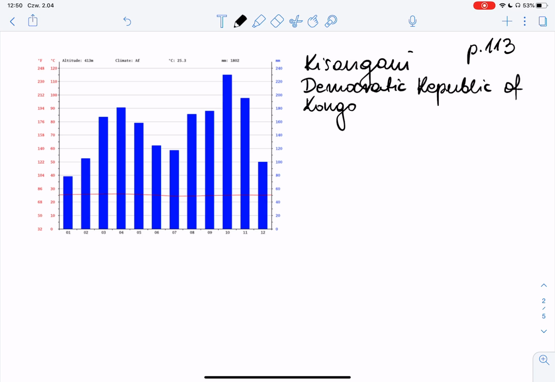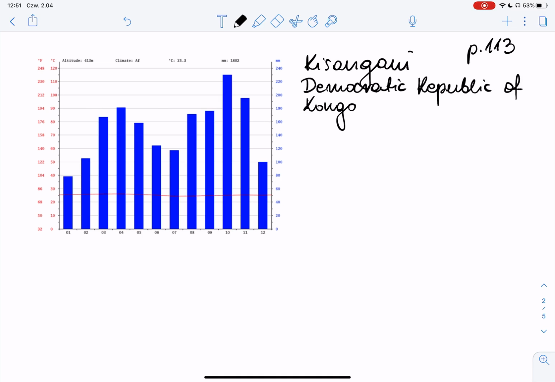And guys, you have that climatogram presented on that page, but what I want you to take a look at is the map that is right next to the climatogram in the book, and with green, there is marked the extent where tropical rainforests grow, and also the city of Kisangani is marked. So once you're open with this, let's analyze a little bit this climatogram for this city.